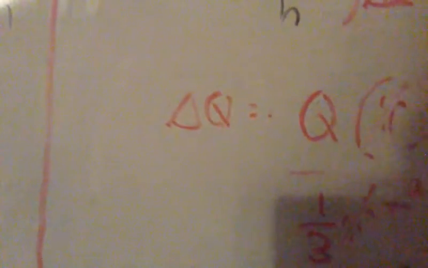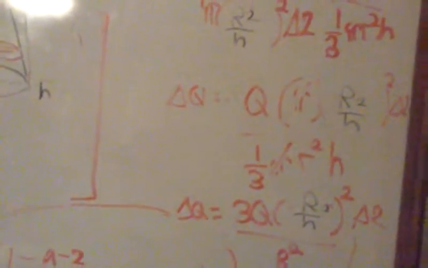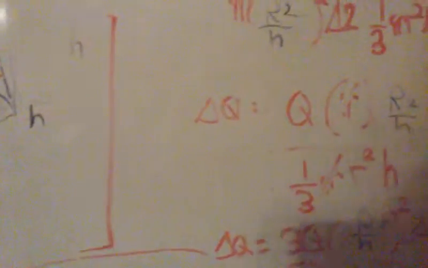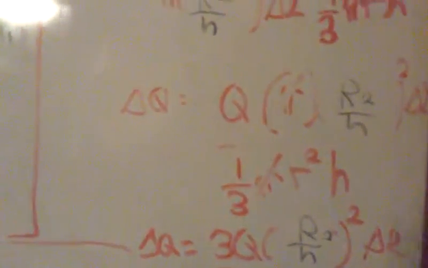Technically, you could divide the charge for this, but it's much easier to actually set up your delta E to where it's in terms of delta Z, like you were doing an integral for this.